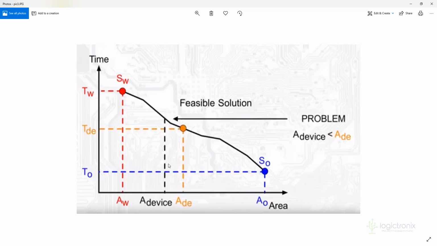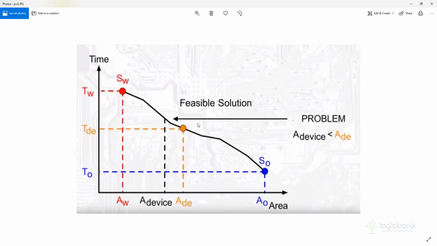So our job is to find the position in between, where we can trade off between area and throughput. This is a feasible solution. We can make a design anywhere here, but we cannot make a design anywhere there, because that would be equivalent to high throughput in less area, and that's not possible.